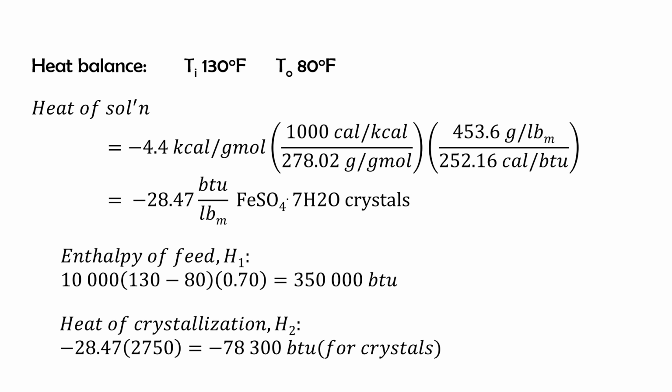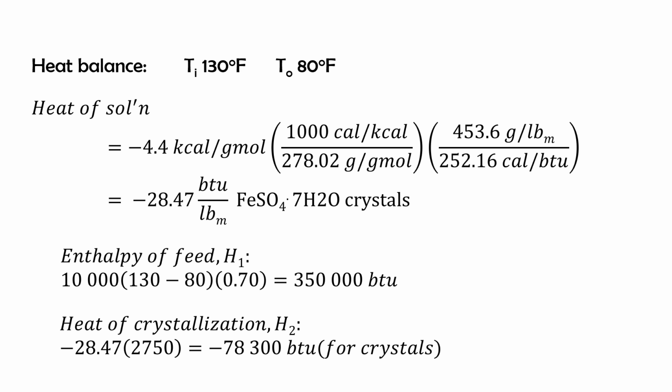We'll first convert the heat of solution from kcal per gram mole to BTU per pound. So we'll have negative 4.4 kcal per gram mole times 1,000, which is the conversion of kcal to cal, over 278.02, the molecular weight of ferrous sulfate heptahydrate, times 453.6, the conversion of pound mass to grams, over 252.16, the conversion of BTU to cal.